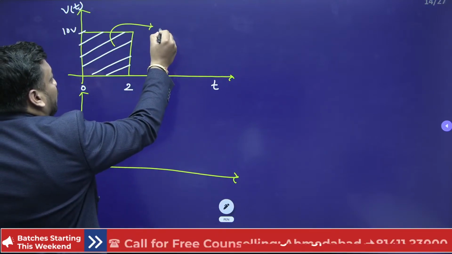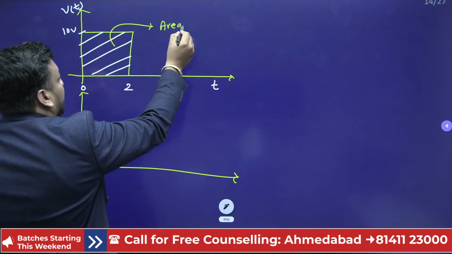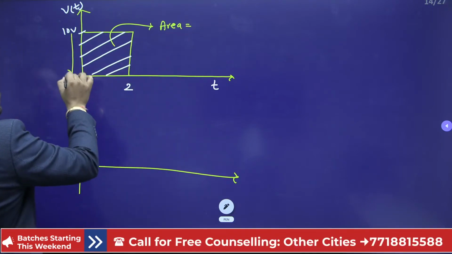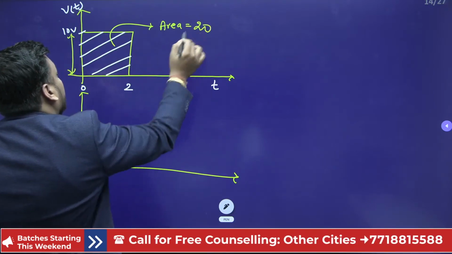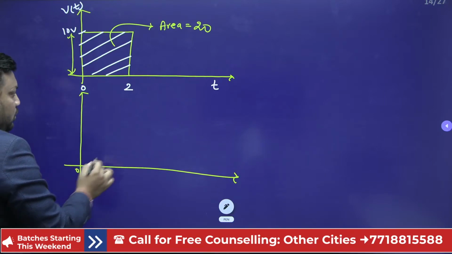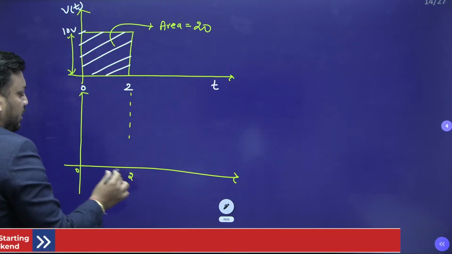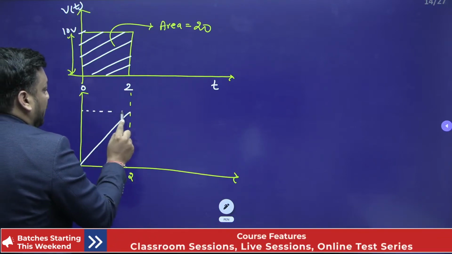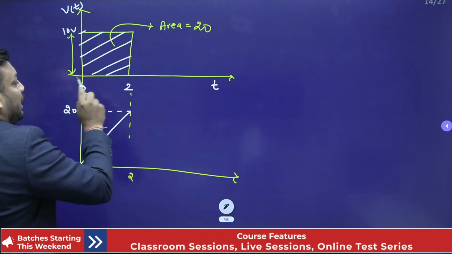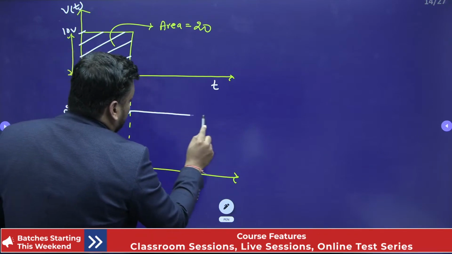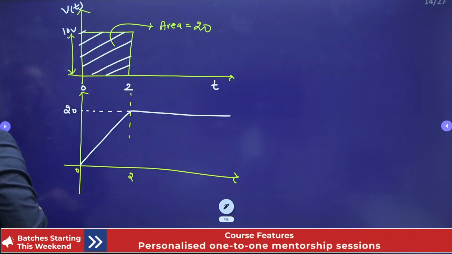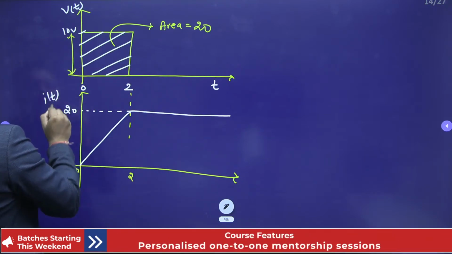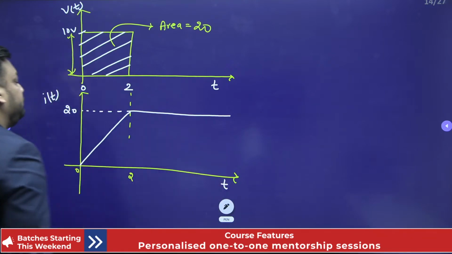Here we have to calculate the area, and the area is 10 into 2, which is 20. It means from 0 to 2 seconds, we have to draw a ramp signal which will achieve the magnitude of 20, and after that it remains constant. So this is nothing but your i(t) waveform with respect to time.